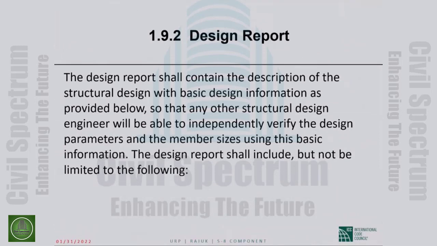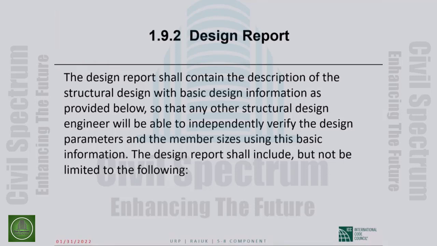The design report shall contain the description of the structural design with basic design information as provided below. There is a pretty detailed list, which I will not go into, but this is important. The design report, you remember, there is a report, then the specifications, and then the drawings.